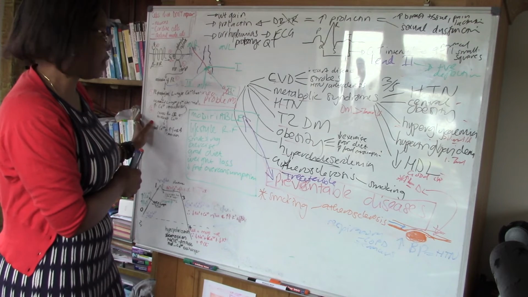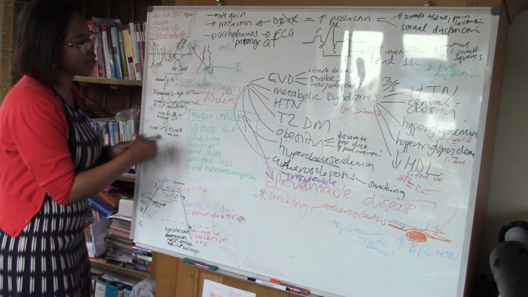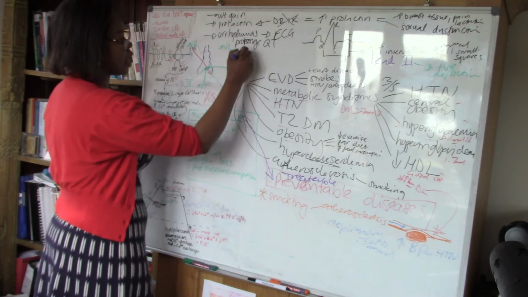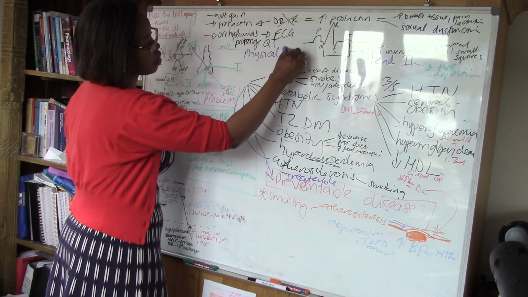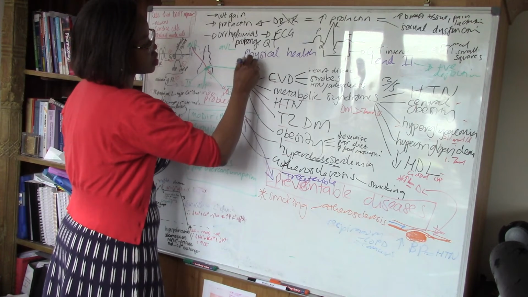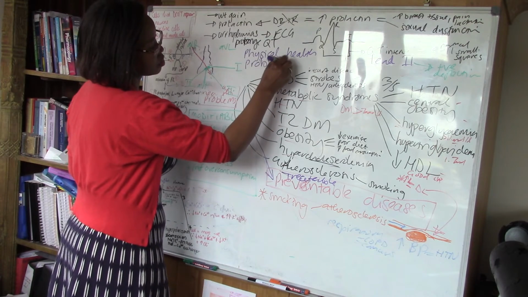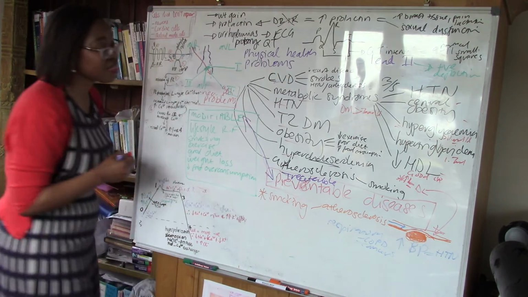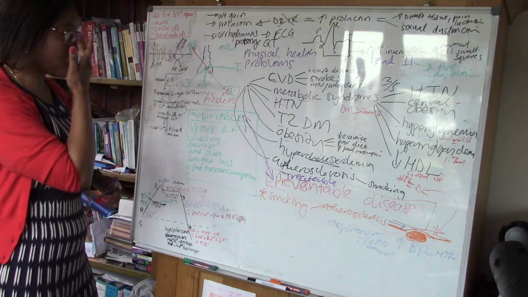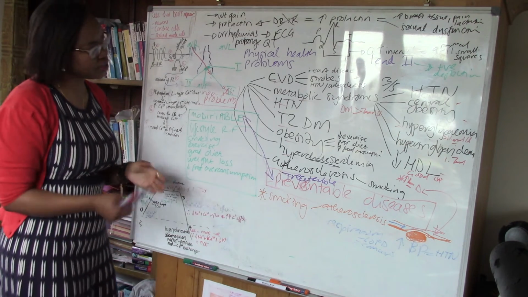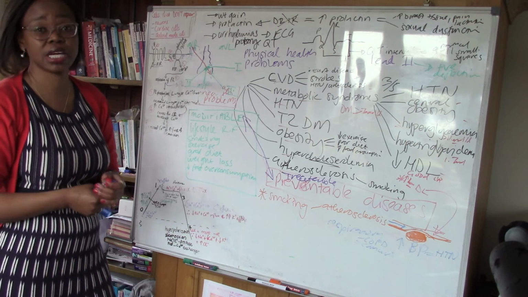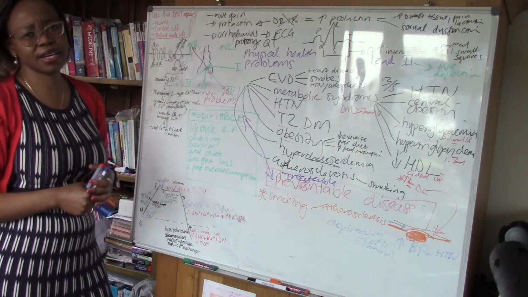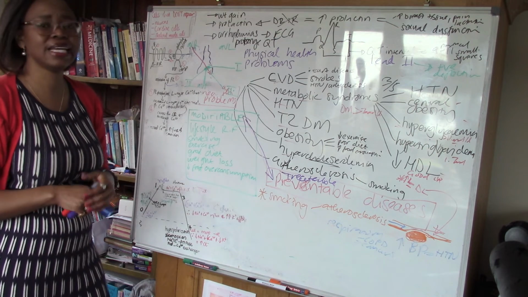What we are focused on here really are the physical health problems. And really, that is it. In terms of what schizophrenia is, it is a psychiatric condition that's severe, chronic and disabling.